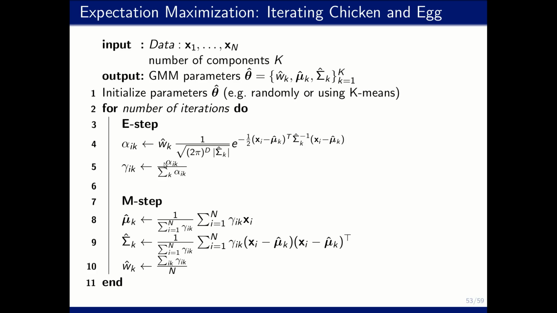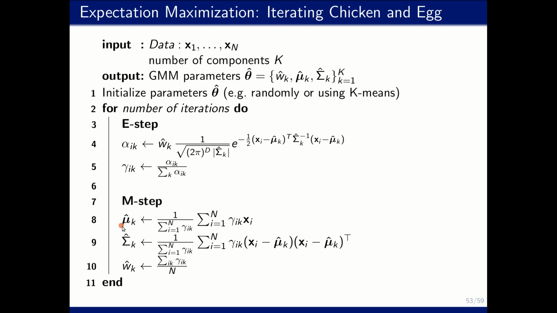By normalizing this alpha ik, dividing it by the sum, we get these gamma ik's, which are the posterior of the component indicator given the data. So this is a soft assignment of data points to components. And using these gamma ik's, we just do a weighted maximum likelihood estimation step.